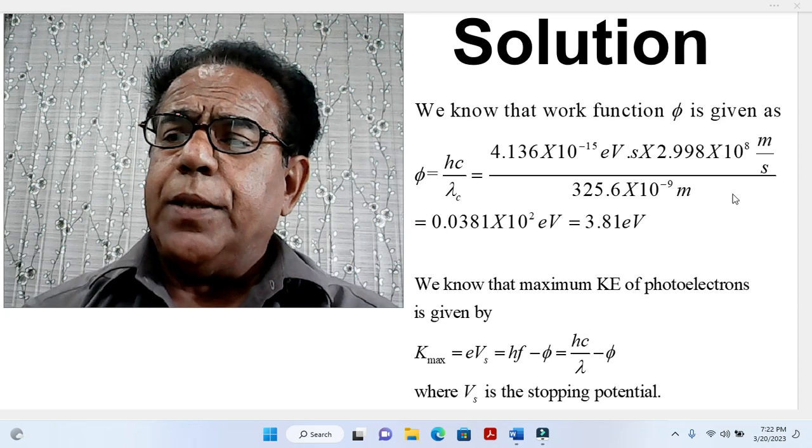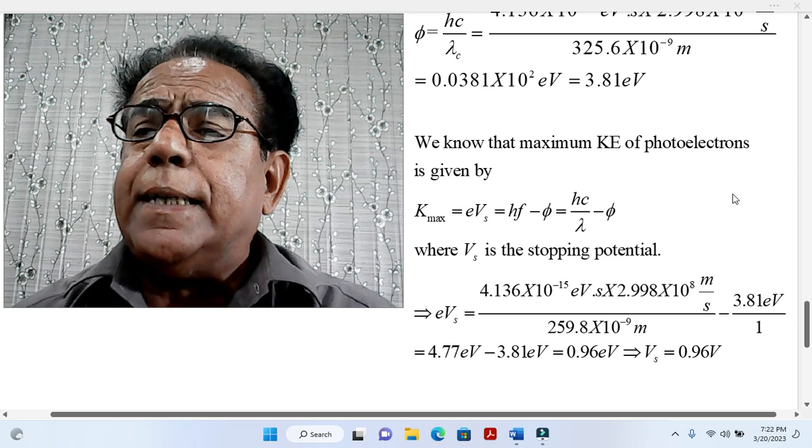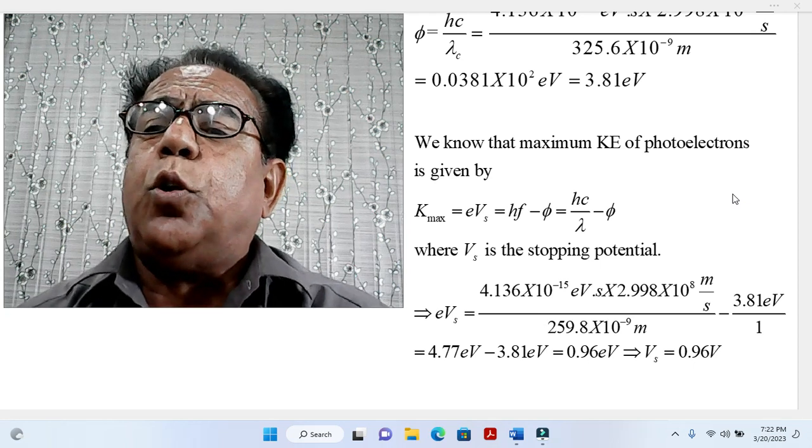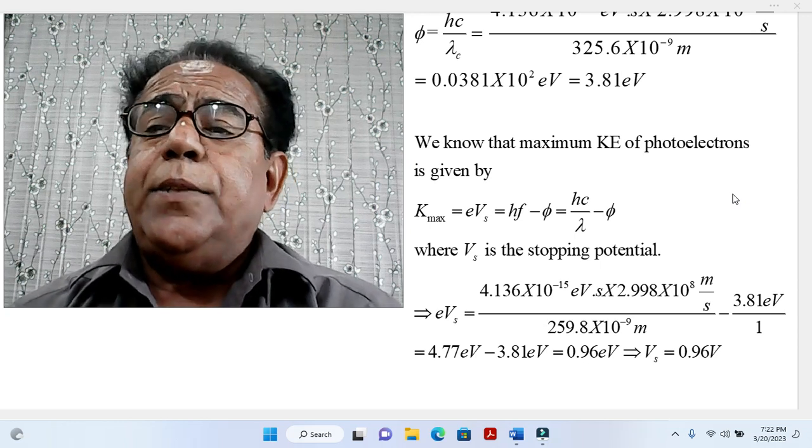Now we know that the maximum kinetic energy of photoelectrons is given by a new expression.